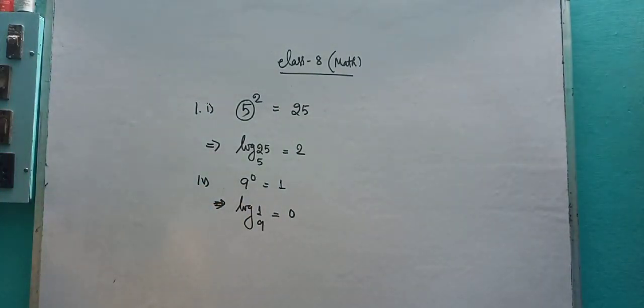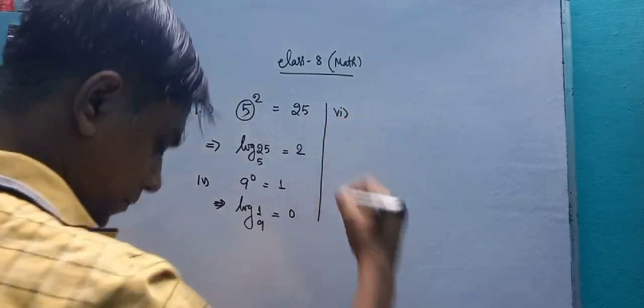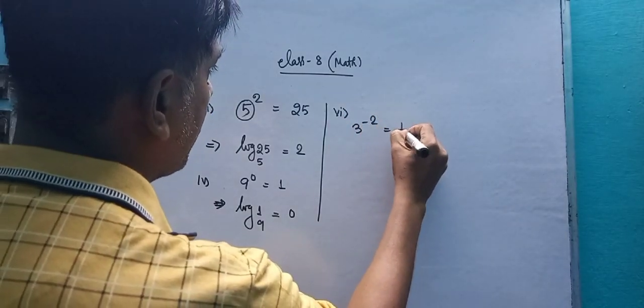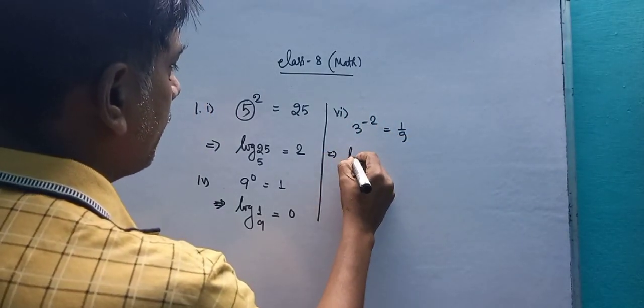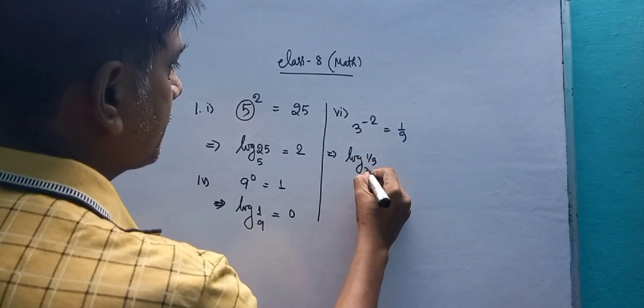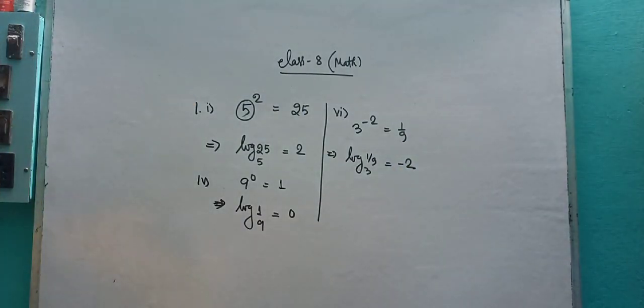Another one, question number 6: 3 to the power minus 2 is equal to 1 by 9. We are able to say log 1 by 9 with base 3 is minus 2. Clear?